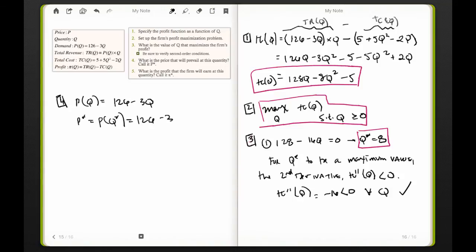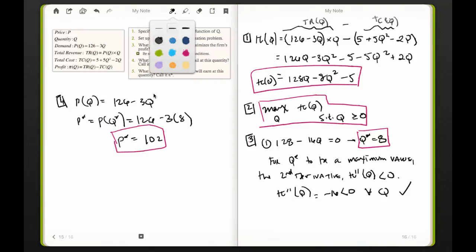It's 126 minus 3 times 8, which is 126 minus 24, which gives us 102 for the price. Let's put this here. Let's mark it off as a final solution. So it's easy to read.